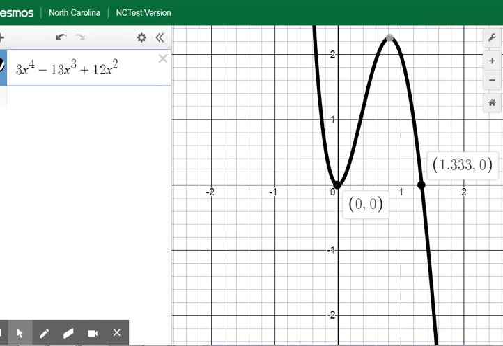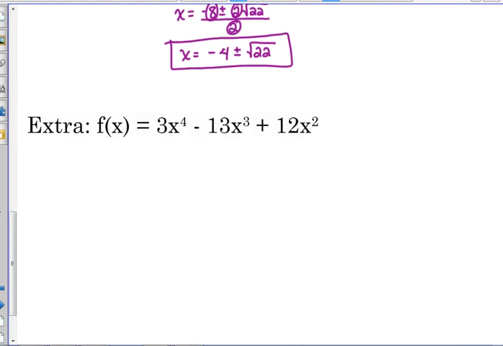So let's see what's going on with this. Let's go algebraic for a second. 0 is equal to, they all have a common factor of, this time it's not just x, it's x squared.